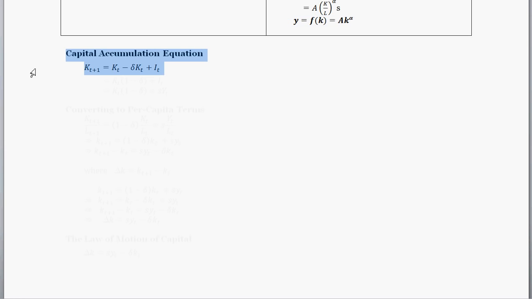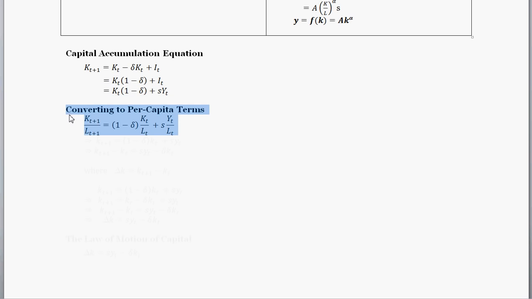So just reminding, here's the capital accumulation equation, which was pretty straightforward. Rewriting things a little bit, the capital stock next period is equal to the existing capital stock less depreciation plus any investment. We know what investment is, right? Investment is just the savings rate times output. So up next, we want to convert things into per capita terms.